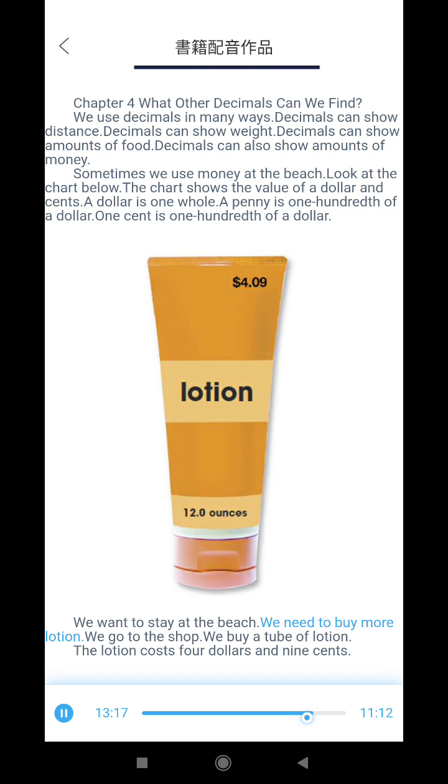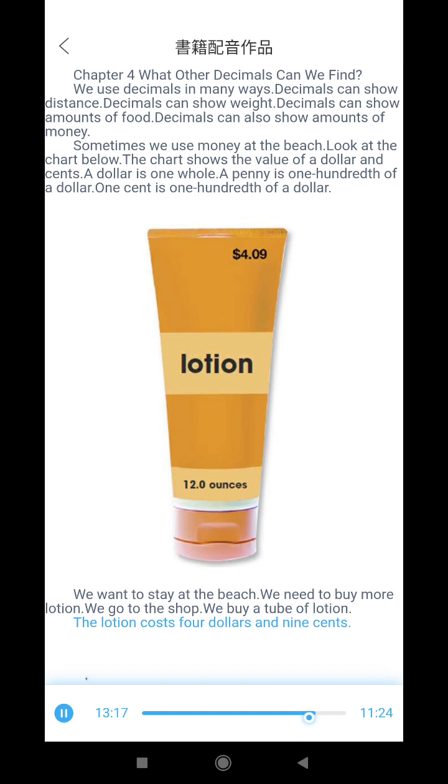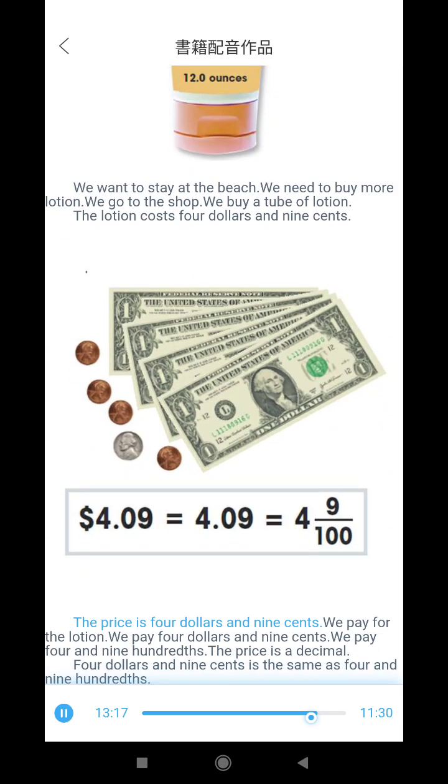We want to stay at the beach. We need to buy more lotion. We go to the shop. We buy a tube of lotion. The lotion costs $4.09. The price is $4.09.